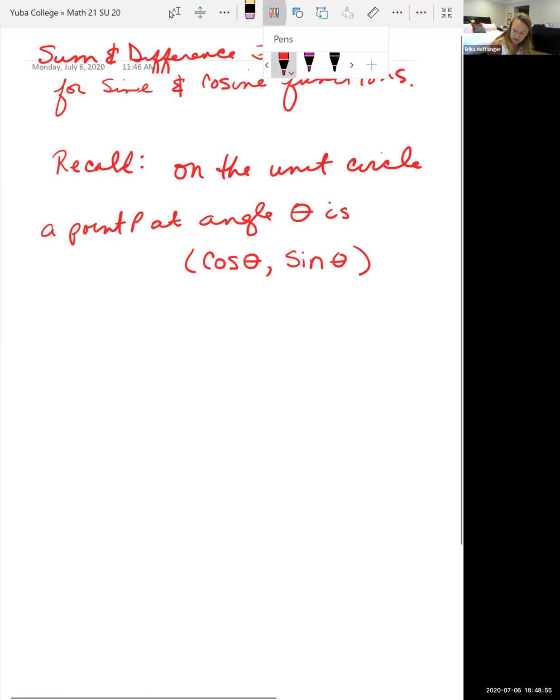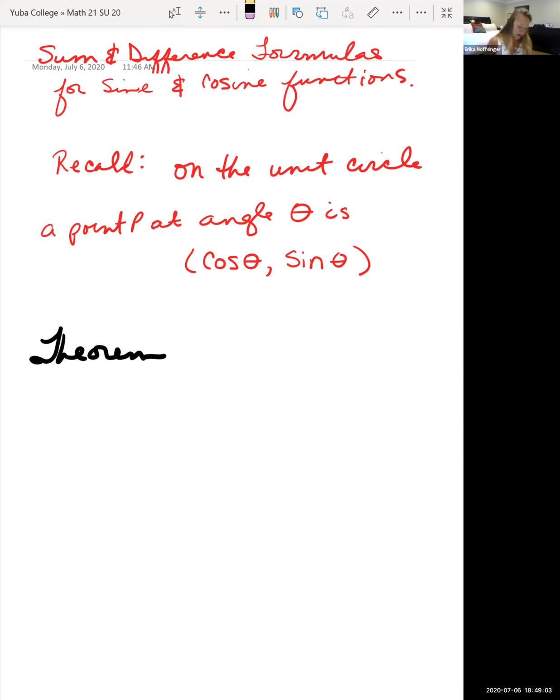Okay. So we are going to prove, and here's a theorem, first the difference of an angle for cosine. And from that one, we can derive the other ones. There's a theorem that says that the sum and difference formulas for cosine are the following.